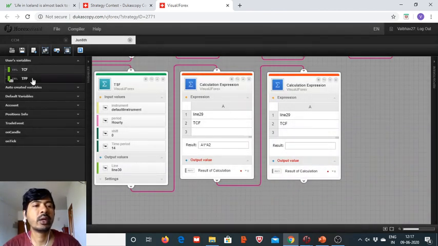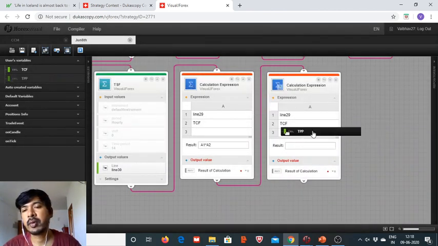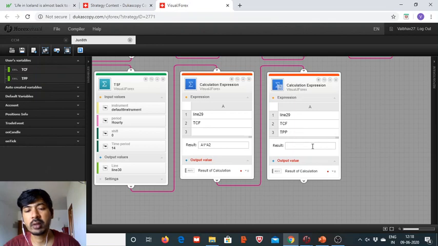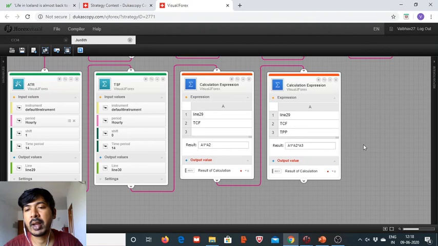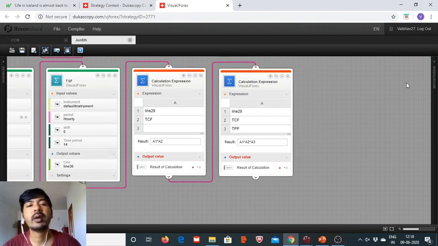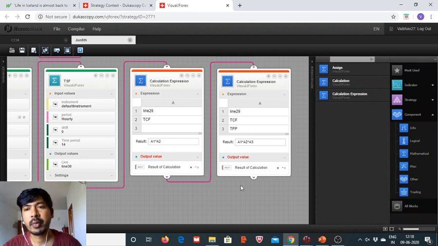So here we go, A1 into A2 into A3, and here also we leave the result of the calculation field blank for some time, and then later on we will bring in.